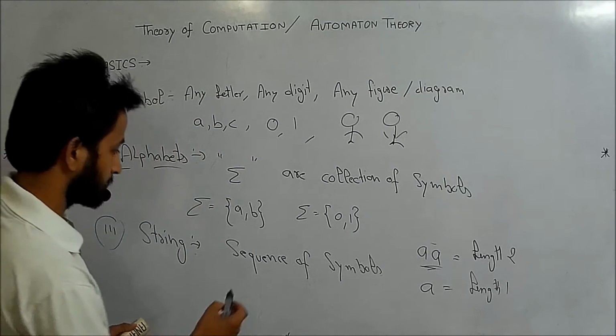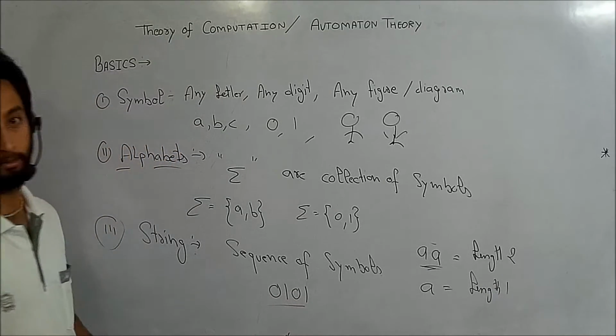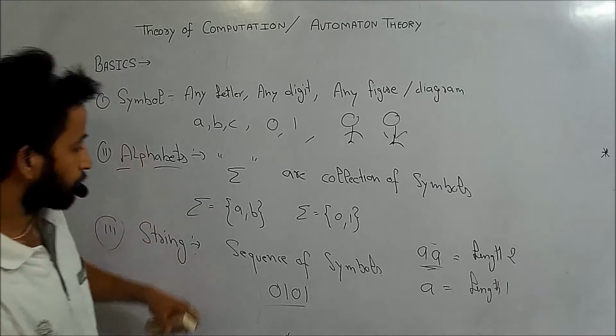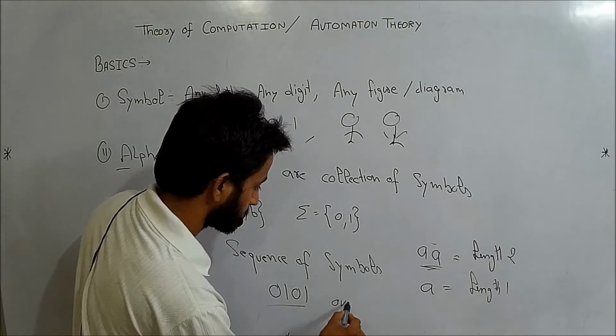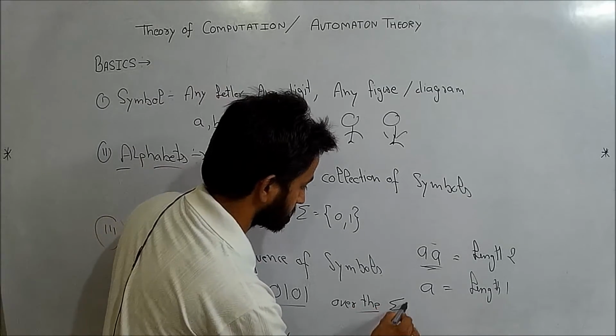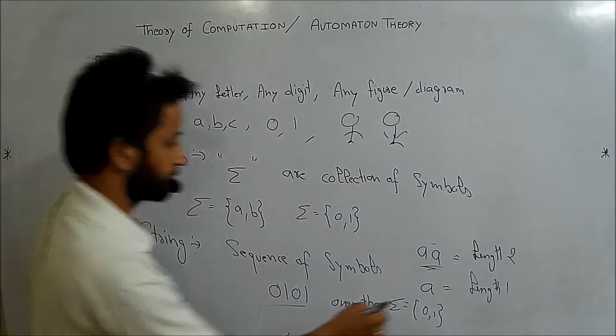If I have 0 1 0 1, what is this? This is a sequence, a collection of symbols over the alphabet that I have used, sigma is equal to 0 and 1.